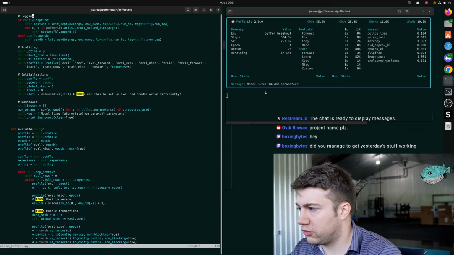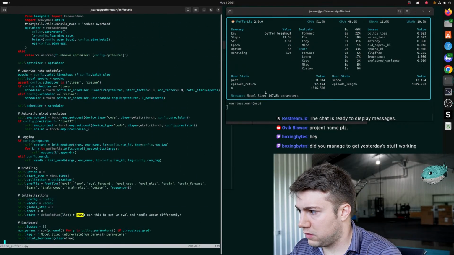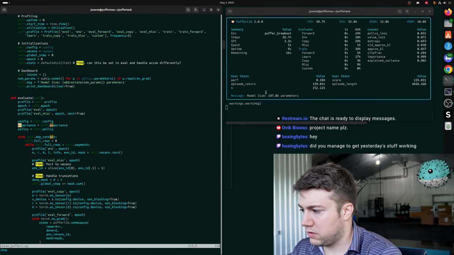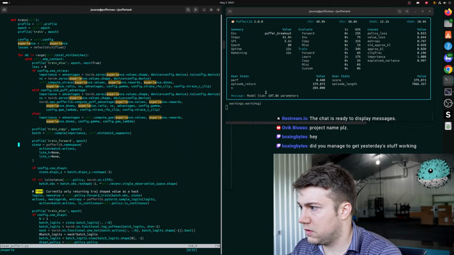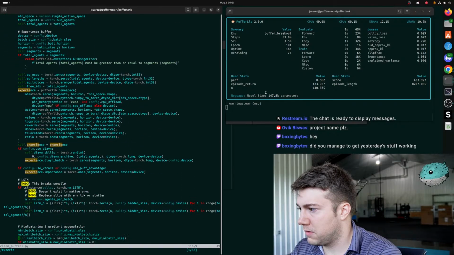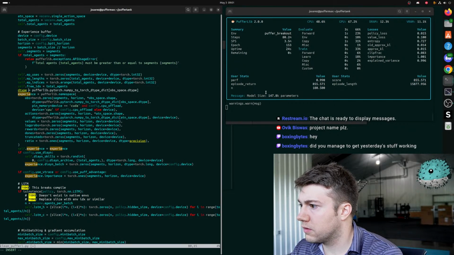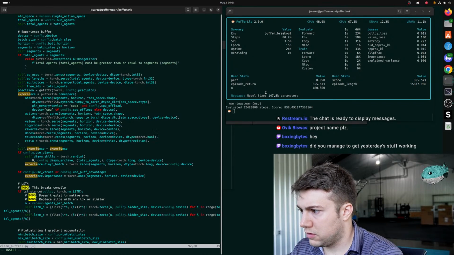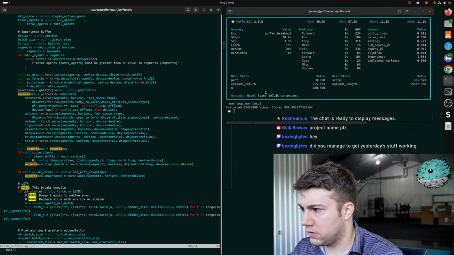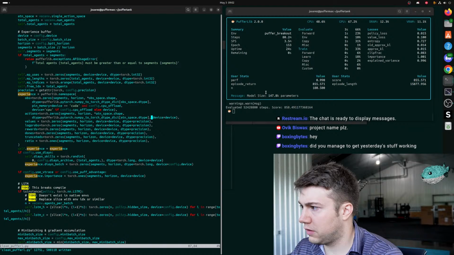So here's your float 32 training. This should work. And the actions has a dtype, and this has its own dtype.